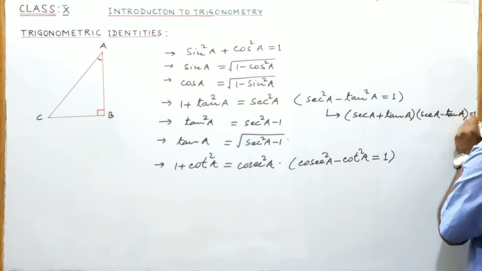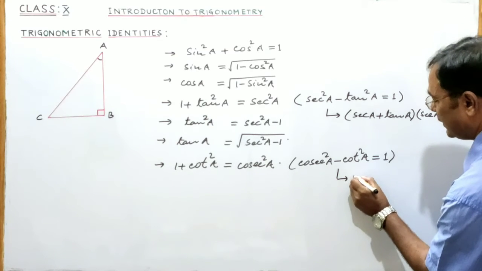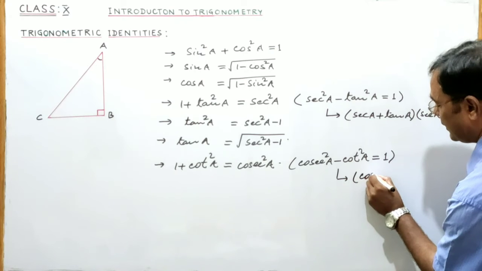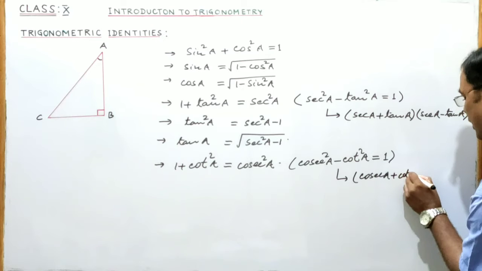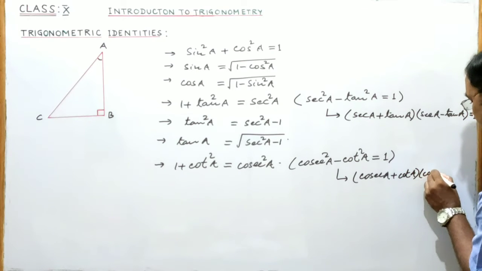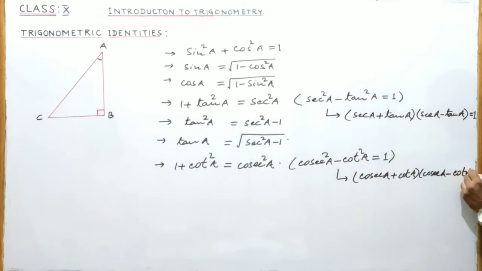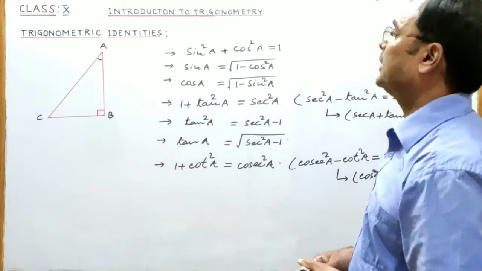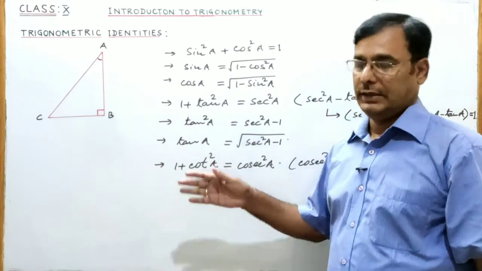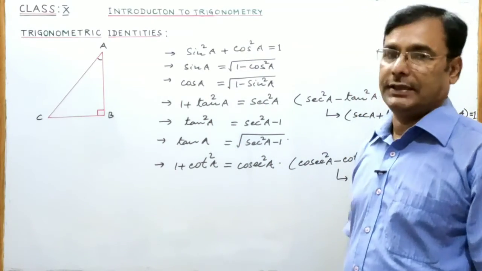This also you need to remember, and from here also you can understand cosec A plus cot A into cosec A minus cot A is equal to 1. So these are some important identities that we have derived here under this topic, trigonometric identities.